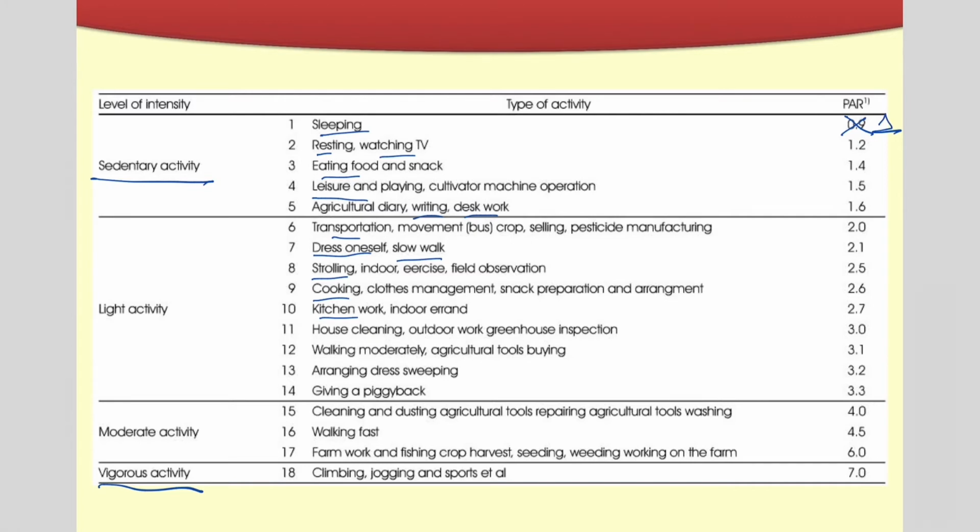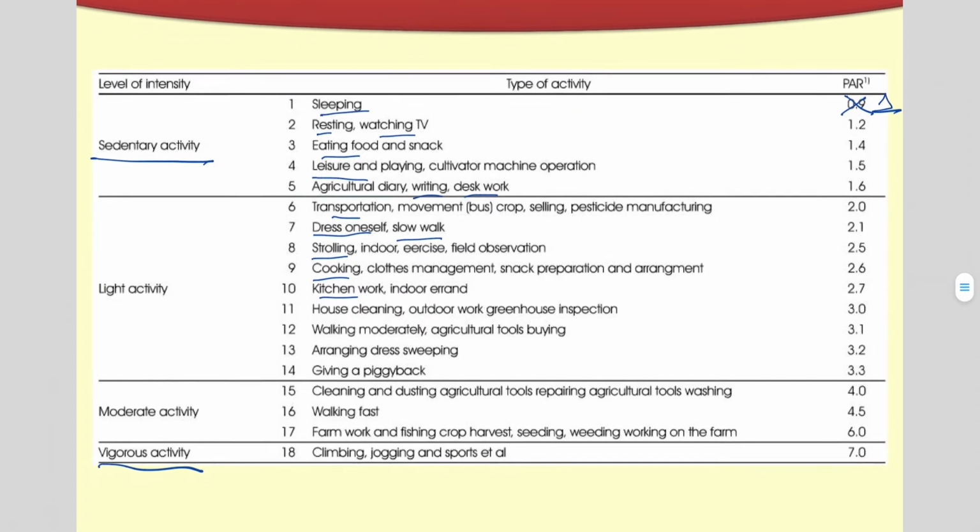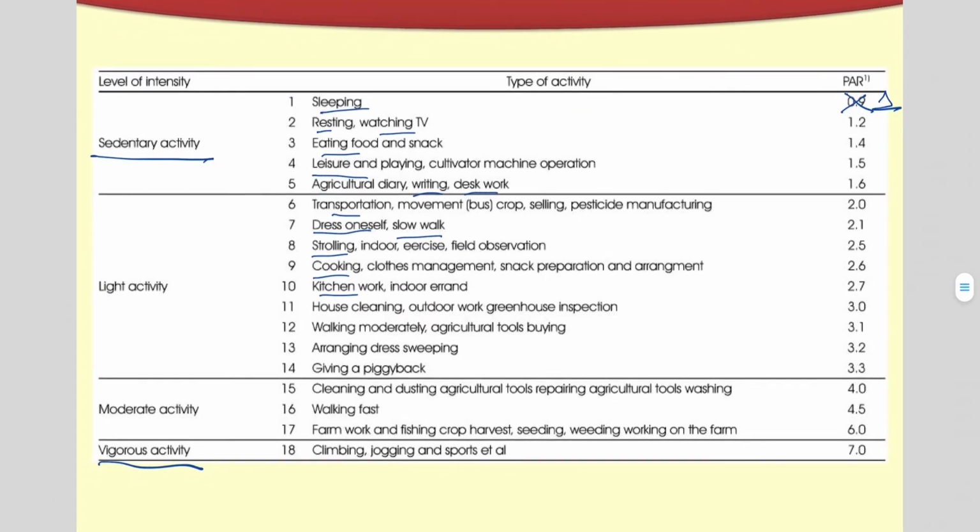So what I need you to do during the class, the first step, will be to sum up all the activities you do in a day. For example, I'm going to write here, I sleep 8 hours.